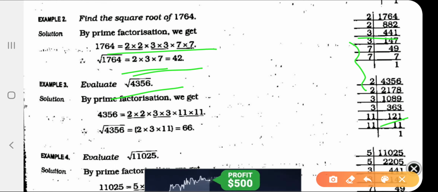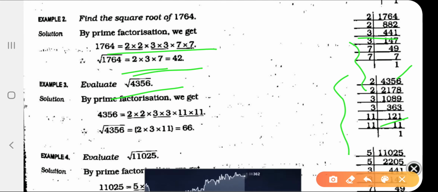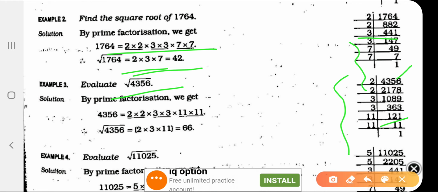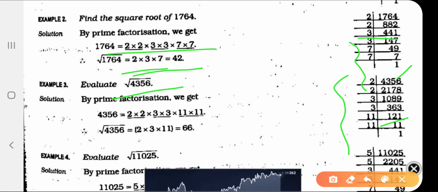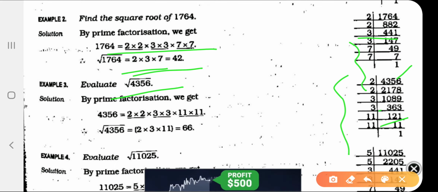Now for the next number, you first consider the divisibility rule of 2, which says that all even numbers are divisible by 2. And then 3, then 11.